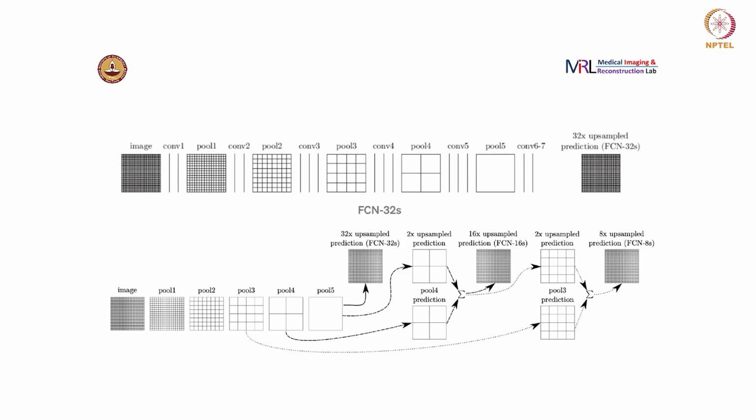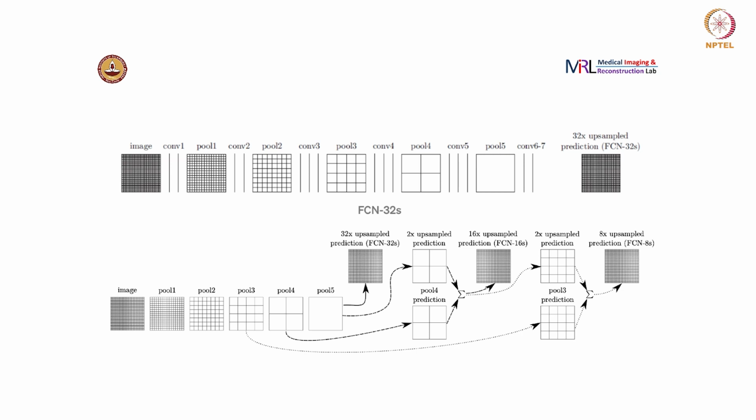Now you have converted all the fully connected layers to convolutional layers. However, we saw that even with that architecture, the output feature maps of the final layer are very coarse. The size reduction is a factor of 32 because of the sequence of convolution and pooling layers.